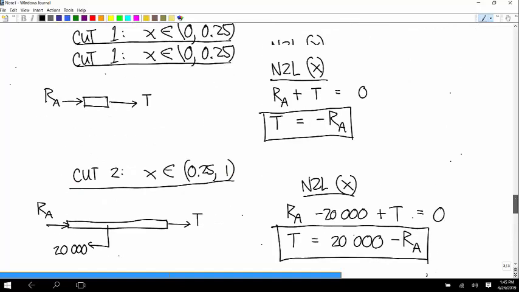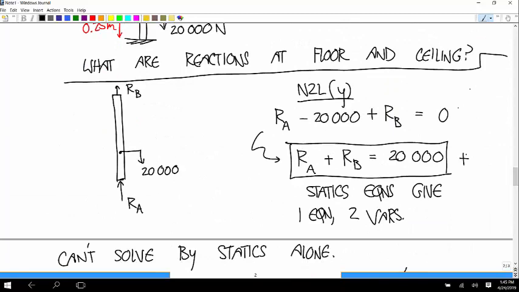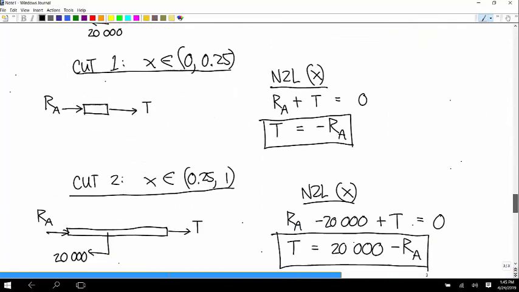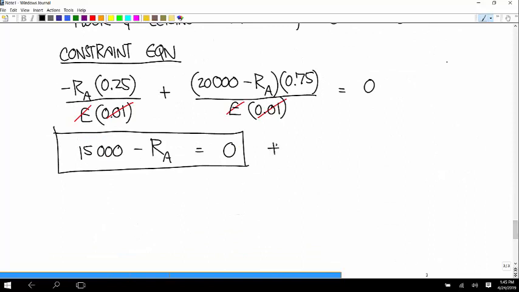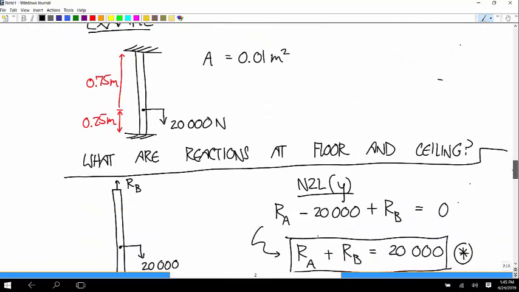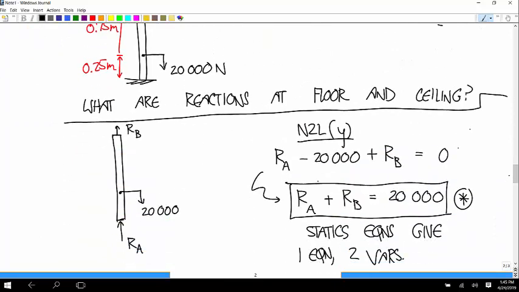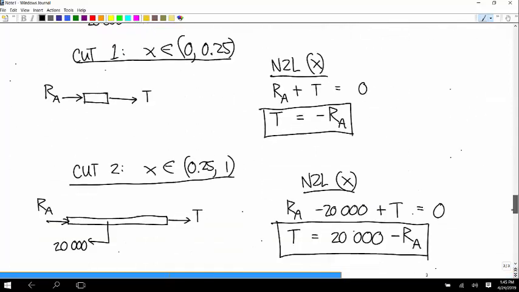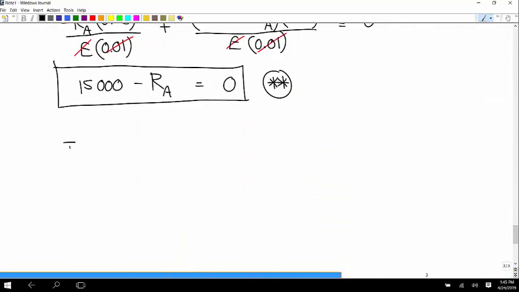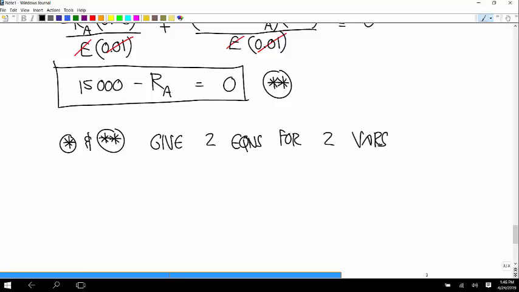Okay, so our statics equation up here, I'll call that equation star. Here's our constraint equation, 2 star, the one we got from statics, the first step. And so now star and 2 star are 2 equations for 2 variables, and we can solve it.